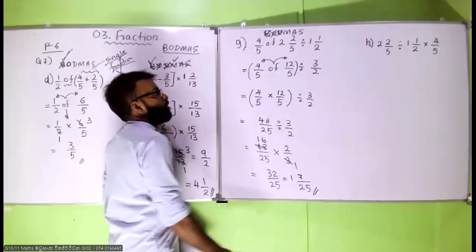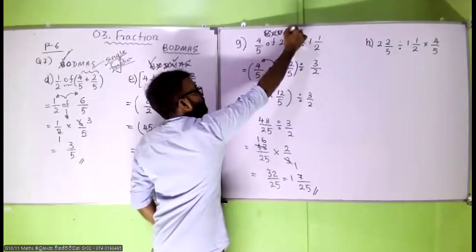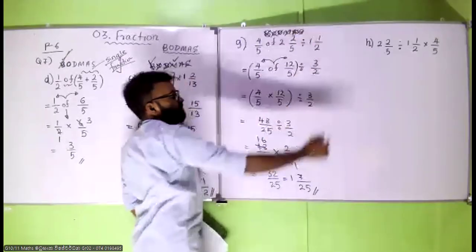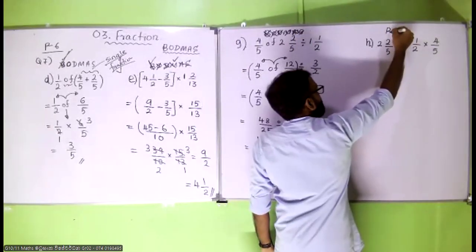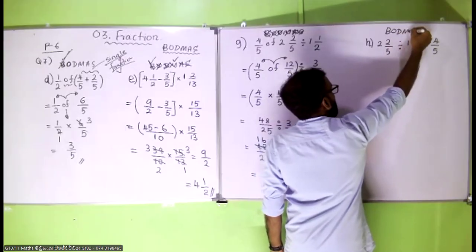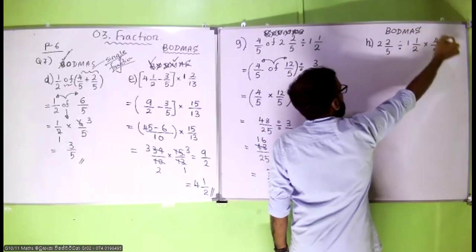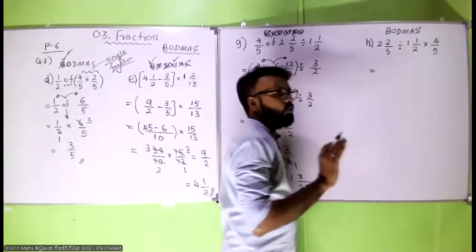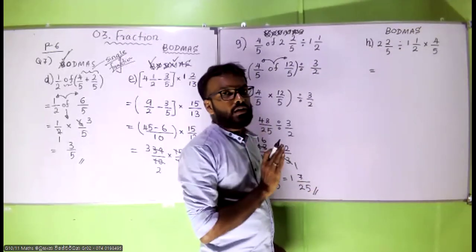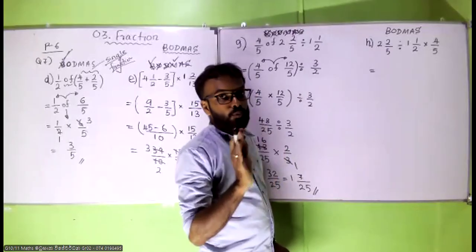Done. No multiplications, no additions, no subtractions. I am going to apply BODMAS here. First of all, I am not going to do anything other than converting my mixed numbers into improper fractions.